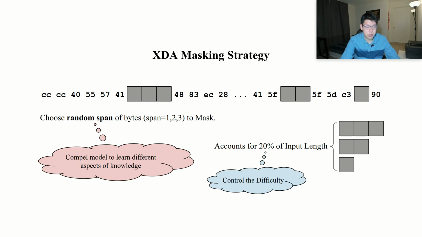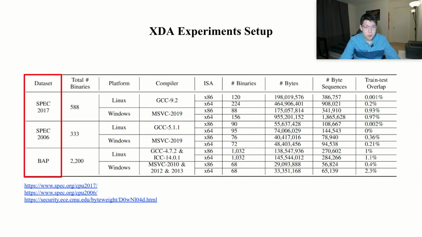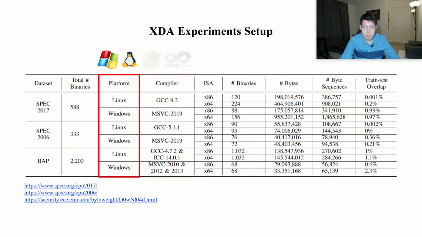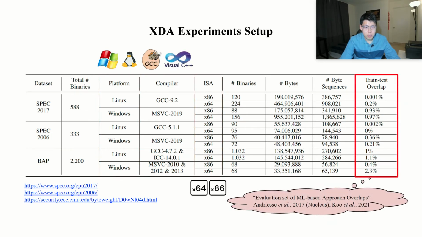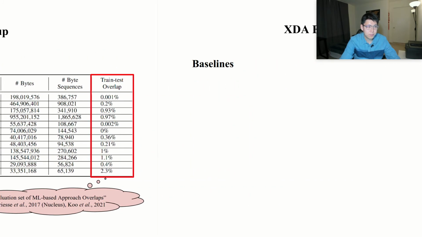We collect an extensive dataset to evaluate XDA from different operating systems, compilers, and architectures. We also keep our training and testing overlapping rate minimum. This is to address the concern raised by the study of Andriesse et al., where the evaluation sets of previous ML-based approaches have a high training and testing overlapping rate.